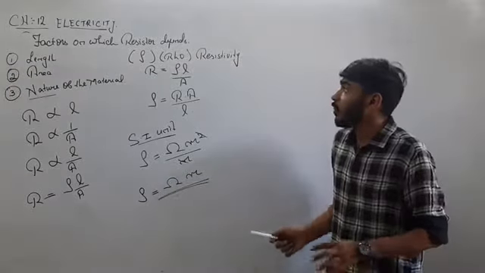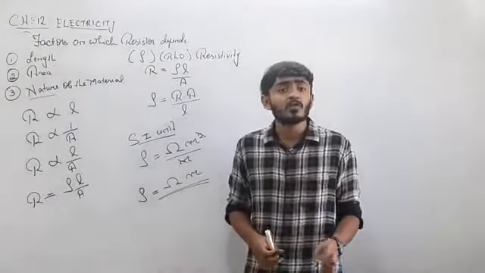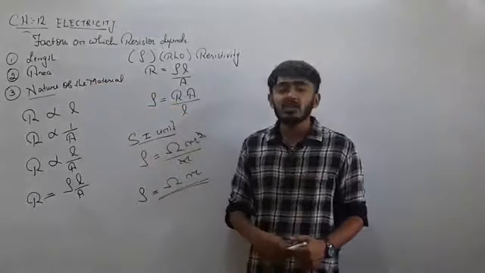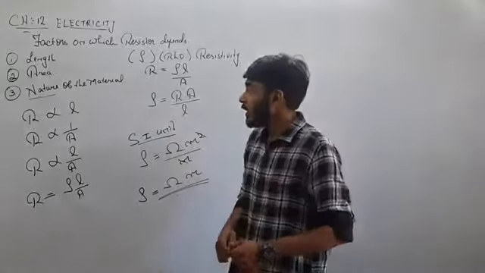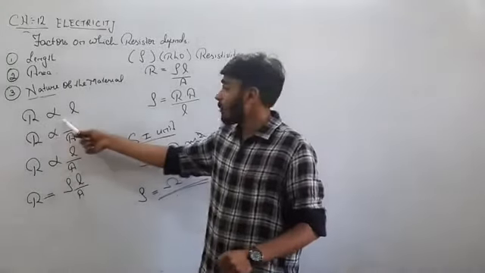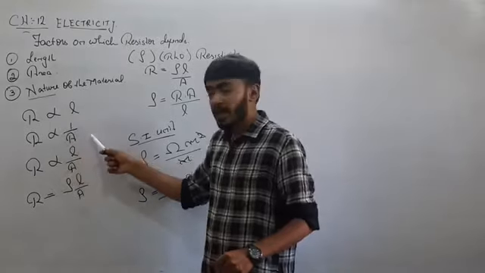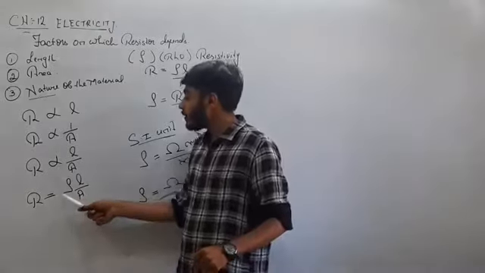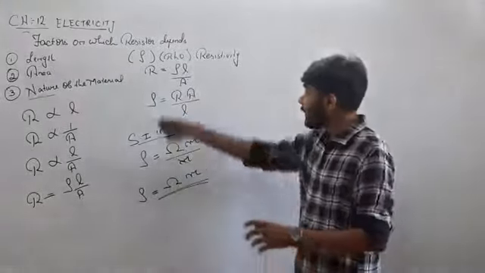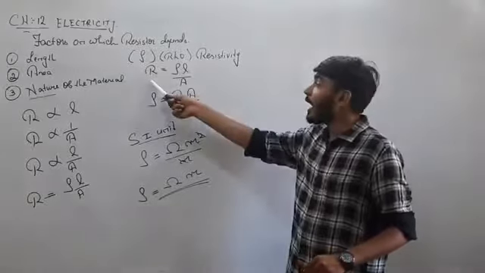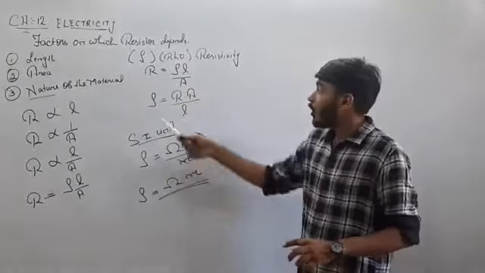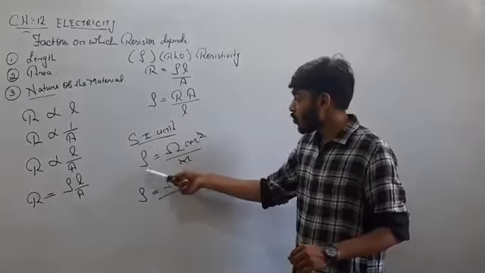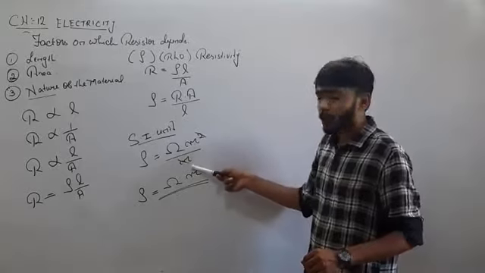This was the factors on which resistance depends. It depends on three things: the length of the wire, the cross-sectional area of the conductor, and the nature of the material. I told you that resistance is directly proportional to length and inversely proportional to area, so R is proportional to L upon A, and therefore R is equal to rho L upon A. Rho is the resistivity, so R is equal to rho L upon A, or rho is equal to RA upon L. The SI unit of rho is ohm meter square upon meter.